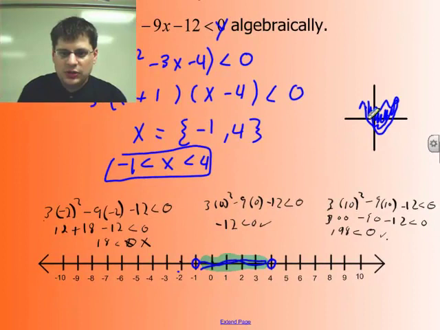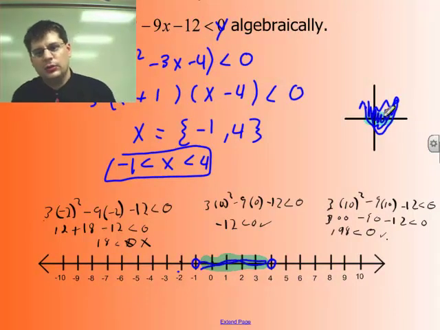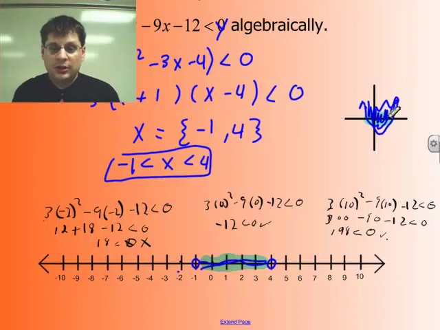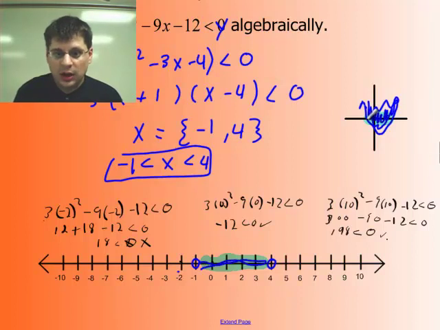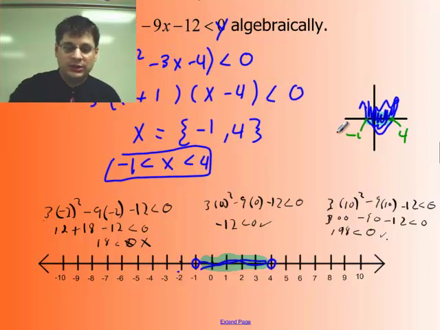So anything in the shaded area is going to be a solution, and so that's going to be an and statement, located between this point -1 and this point 4. So you can think of it like graphing that way as well, to see if you did that correctly. Anyway, that's graphing and solving quadratic inequalities.